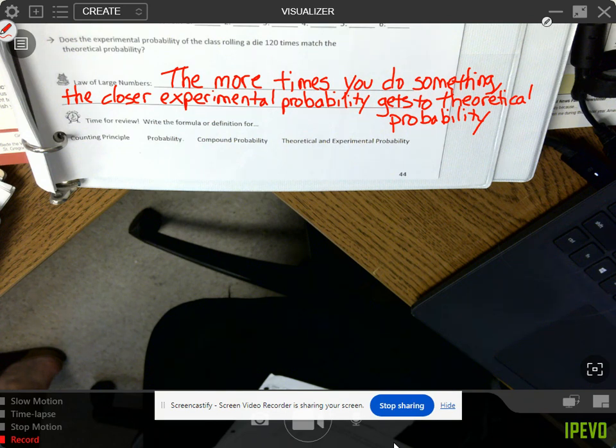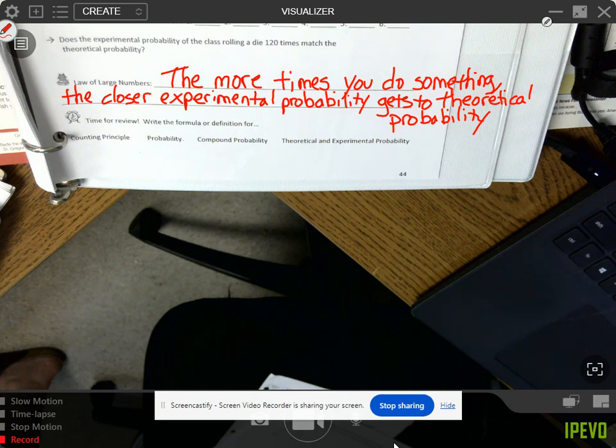So the more times we do something, the closer and closer we get to that theoretical probability. We added up 20. So I have people that are busy playing instead of listening. This is on the test that is next week. The more times we do something, the closer to that theoretical probability we will get.